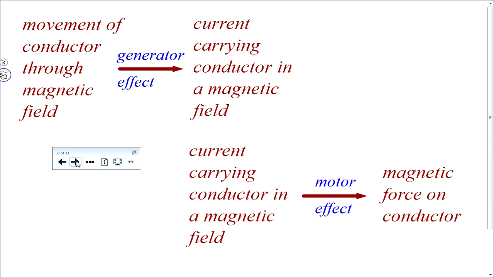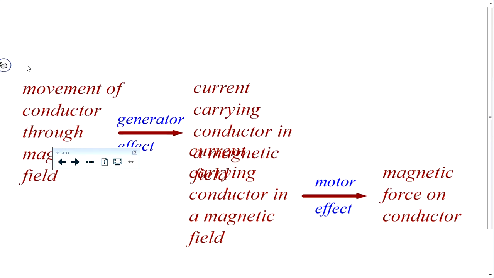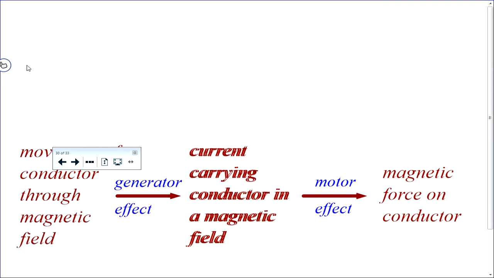That will be the result, and that's the motor effect. But you'll notice that the output of the generator effect and the input of the motor effect are the same. So this is a chain of 3 events.